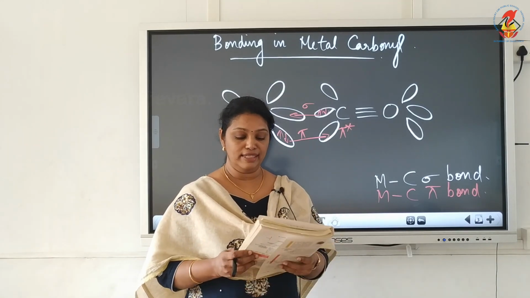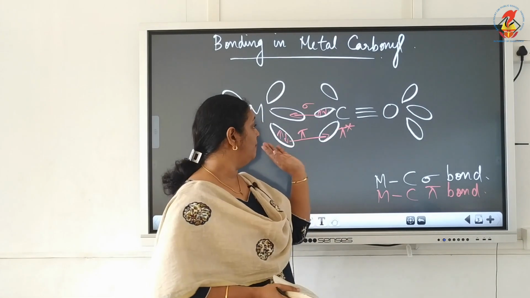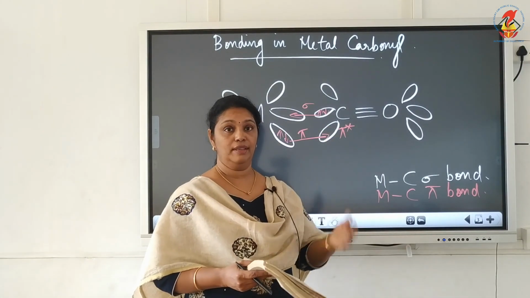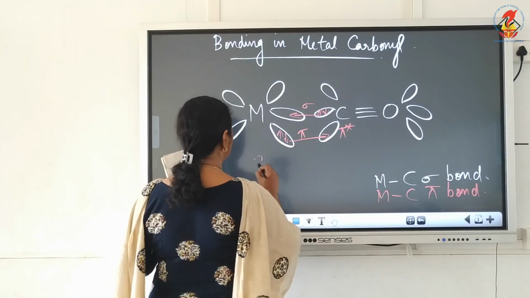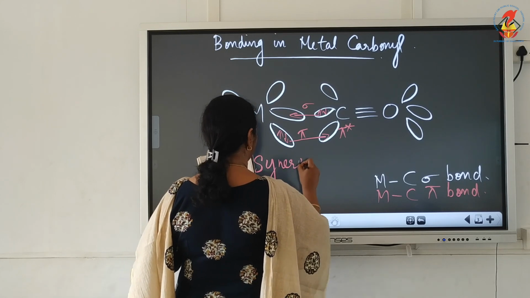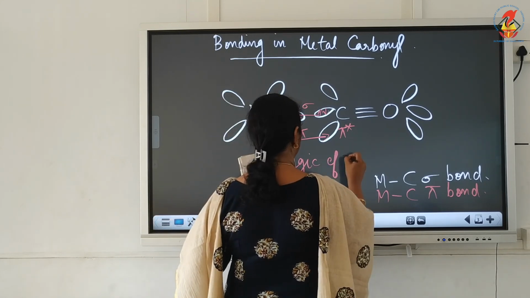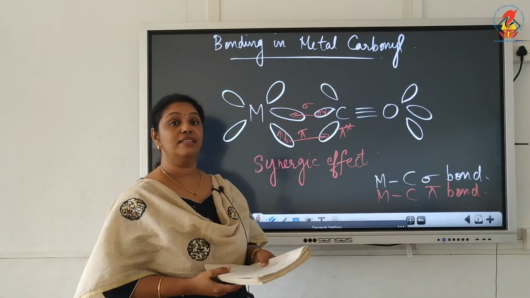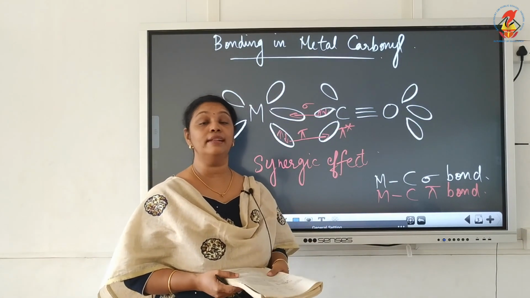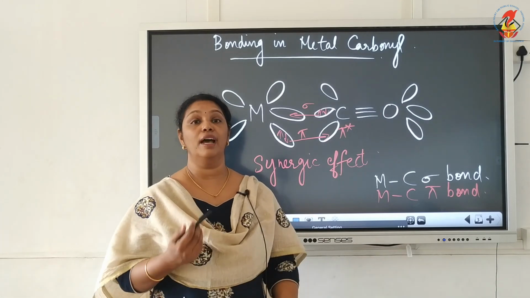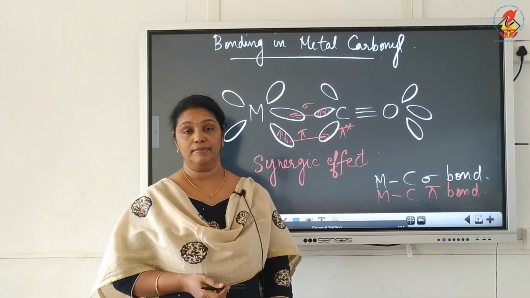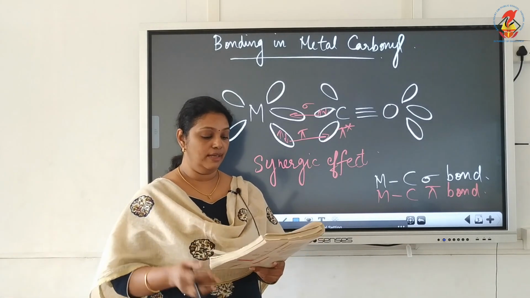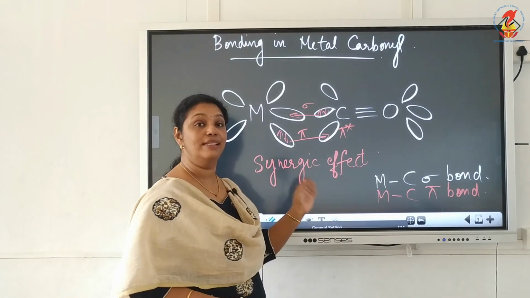And you can see that this metal-to-ligand bonding causes a synergic effect. The synergic effect will strengthen the bond between the carbonyl group and the metal. So this is called synergic bonding or synergic effect.